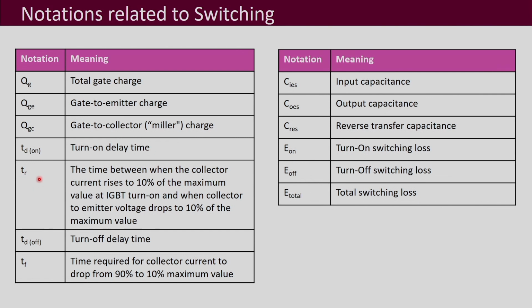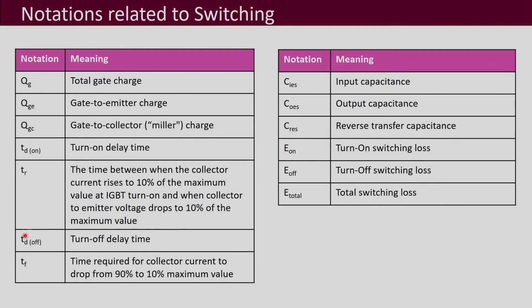Then the rise time, that is usually defined as the time between when the collector current rises to 10% of the maximum value at IGBT turn on, and when collector to emitter voltage drops to 10% of the maximum value. So, that is like a sum of the rise in current and the fall in voltage.